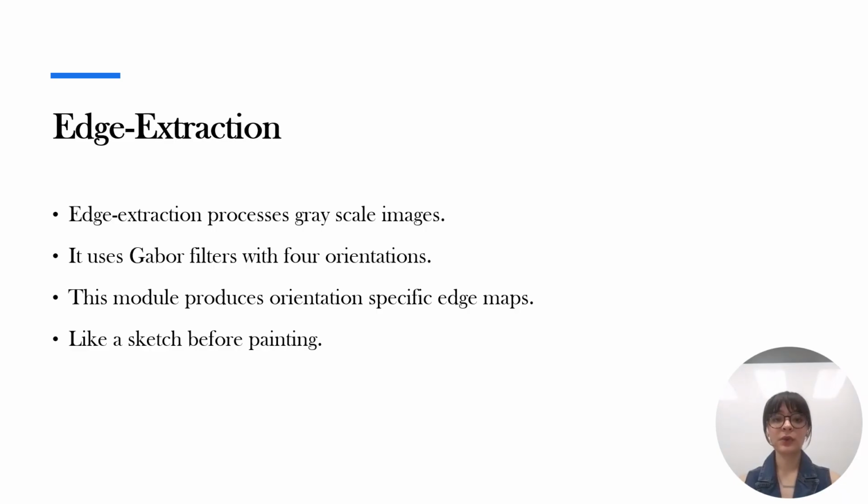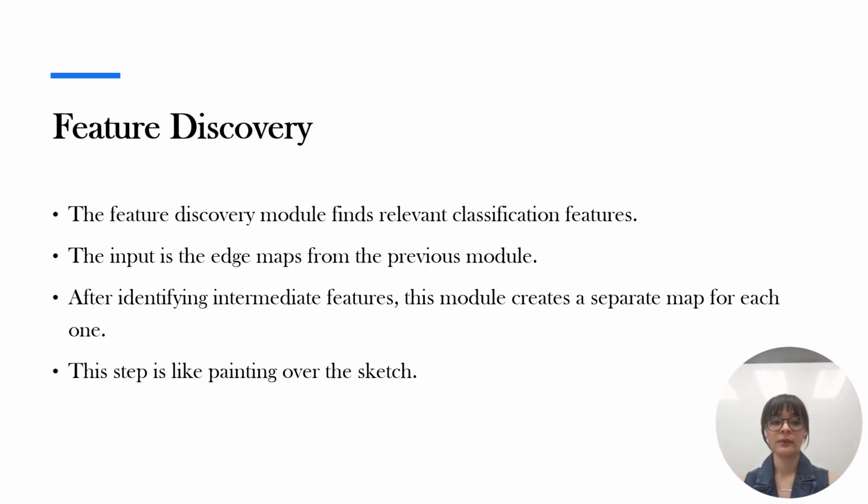The edge extraction module receives direct visual input. It processes grayscale images. This module uses Gabor filters with 4 orientations to produce orientation-specific edge maps. It's like a sketch before painting. This module outlines where the edges of an image are.